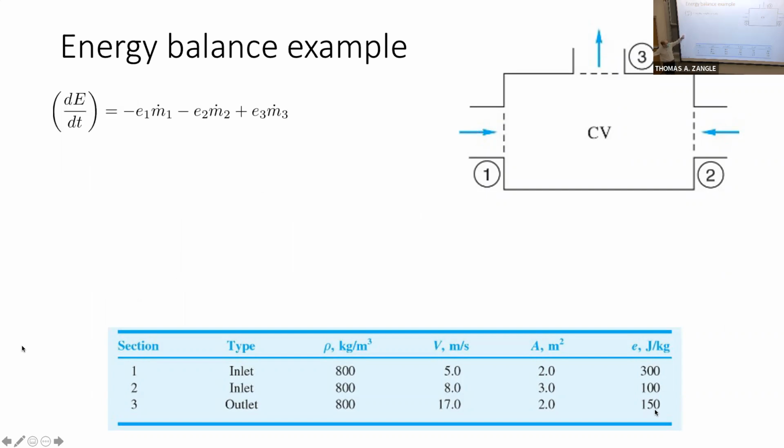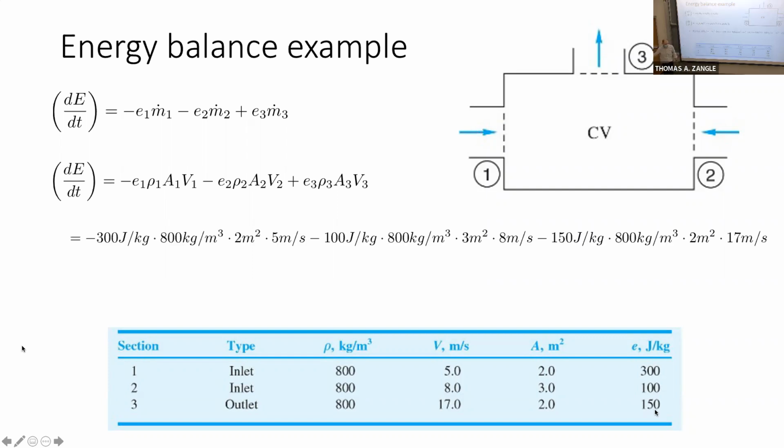We start with this simplified form of the expression and expand it out. m dot is rho A V. In this case, all the m dots are not equal, because we have 2 inlets and 1 outlet. So we don't just have m dot 1 equal to m dot 2 equal to m dot. We have a few to keep track of, and we can plug it all in. We plug in all those numbers and get negative 240,000 joules per second.